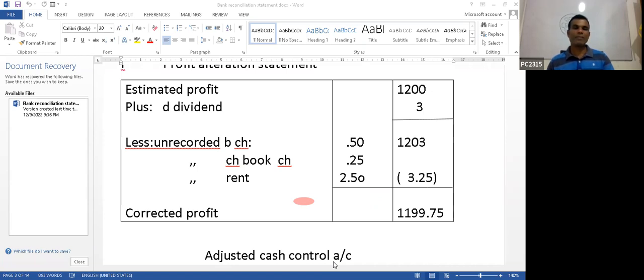Then you can prepare. Still you are unable to find out the opening balance of the cash control account, so that we can start preparing the bank reconciliation statement.